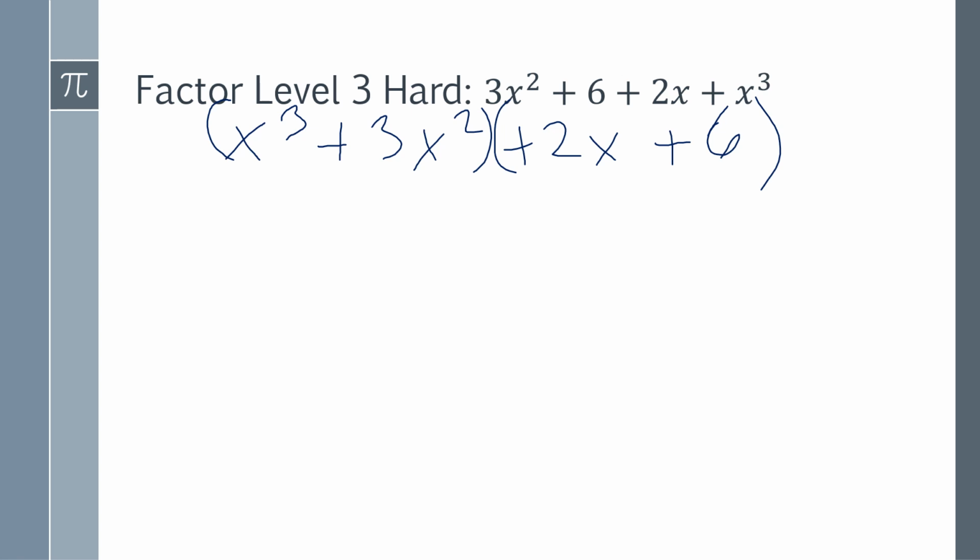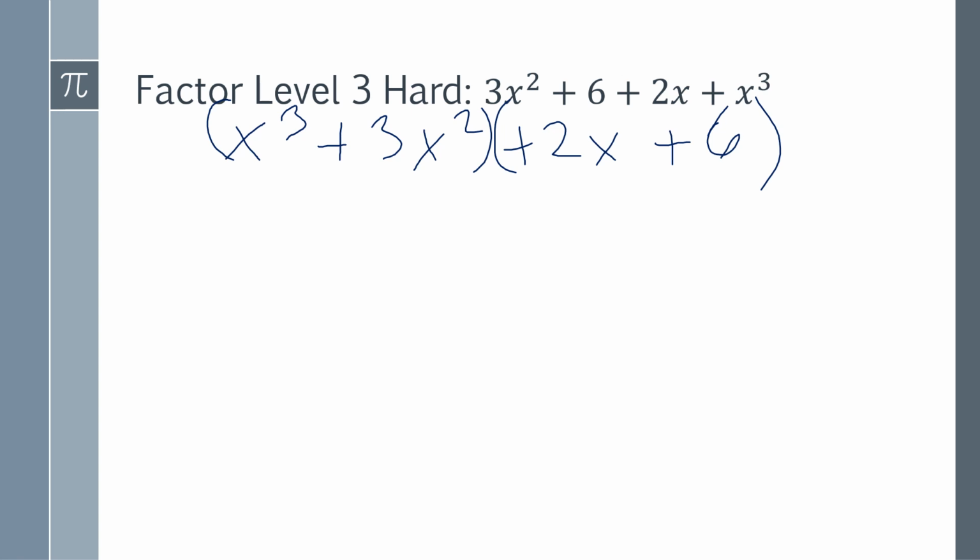So let's look in group 1. What is the smallest thing that they have in common? Well, the greatest common factor is going to be only 1. But because we know 1, do we need to write 1? No. So what about the variable?